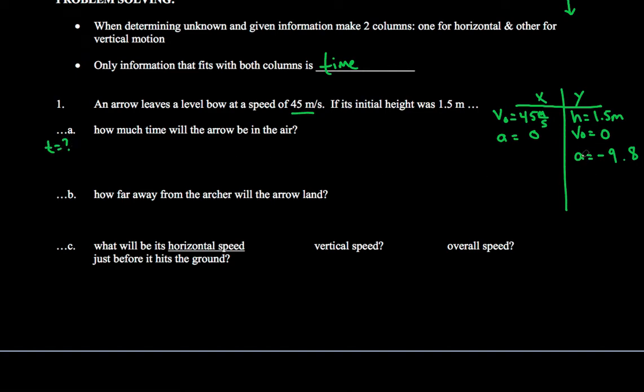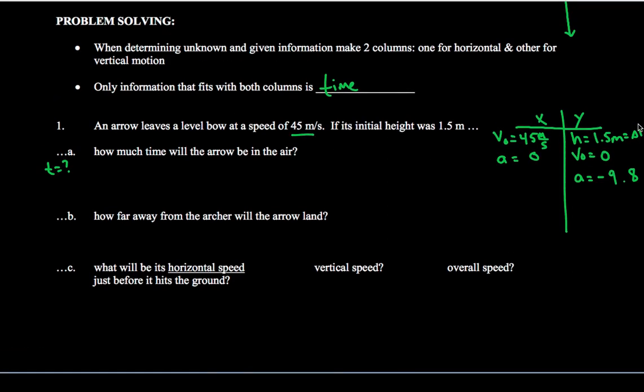So if I look at my given information, what I notice is that I actually have more information in my vertical. So that gives me a clue that I'm going to use this to figure out the time. I have 3 pieces of information. 3 is the magic number in order to figure out a fourth. So I have a height, which is a vertical distance, I have an initial velocity and I have acceleration.